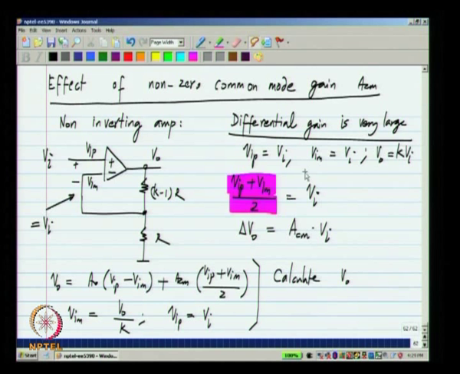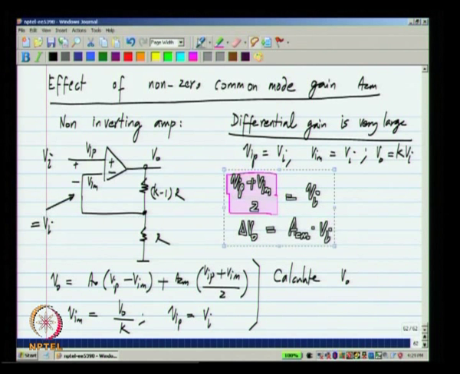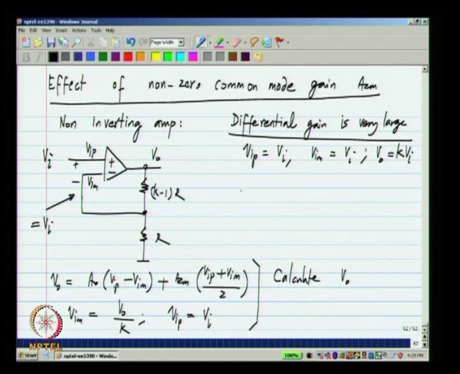So, what happens because of this? The output voltage will be the ideal value of K Vi plus the common mode gain times the common mode voltage, which happens to be Vi in this particular circuit.